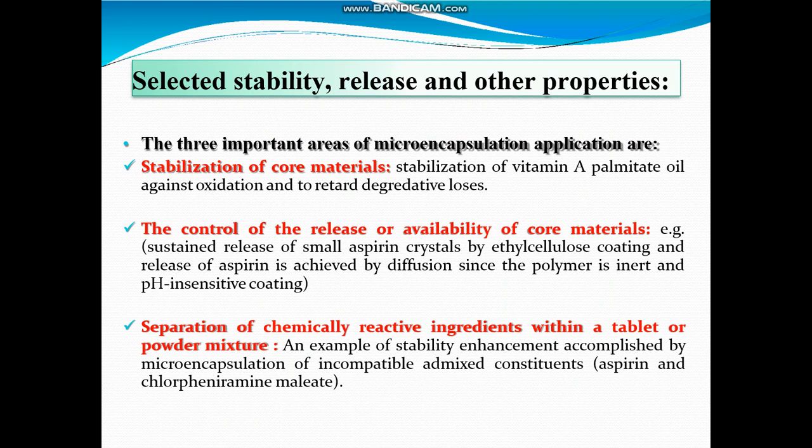So the stabilization of the core material is important, for example vitamin A palmitate oil against oxidation, and its main purpose is to retard and reduce degradative losses. The second is the control of release or availability of the core material, mostly the sustained release of small aspirin crystals coated with ethyl cellulose, where release is achieved by diffusion since the polymer is inert.